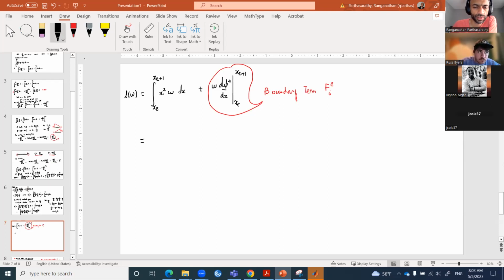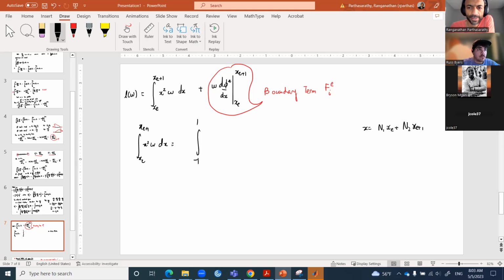Now this one, integral xe to xe plus 1 x squared w dx. This is integral -1 to 1 and x is equal to N1 xe plus N2 xe plus 1.